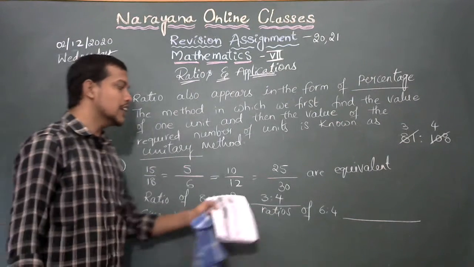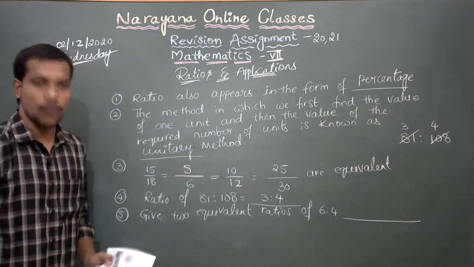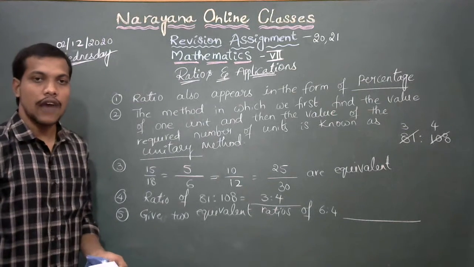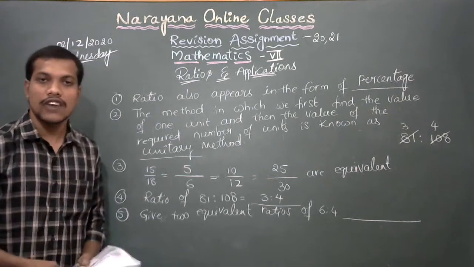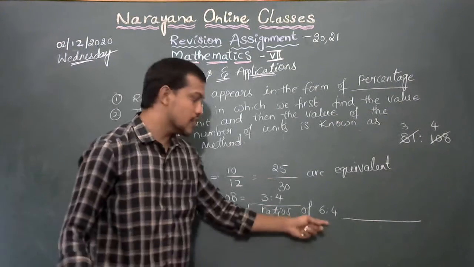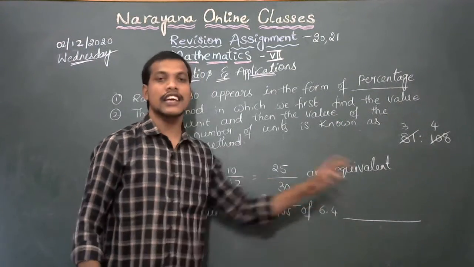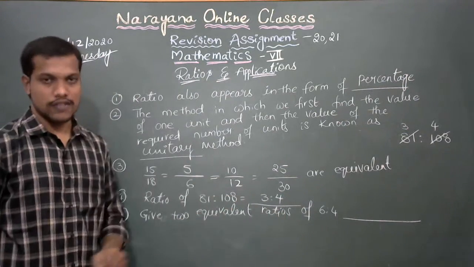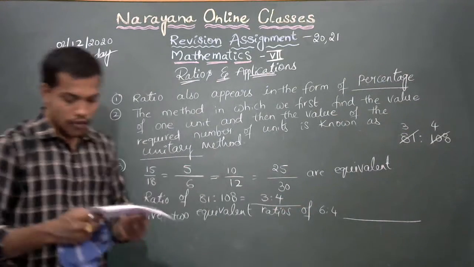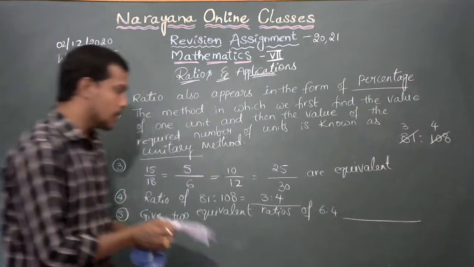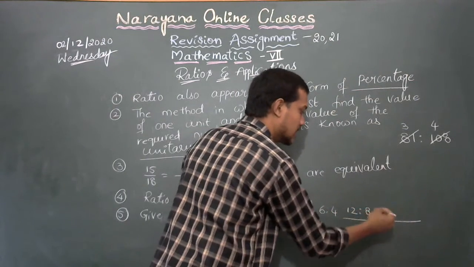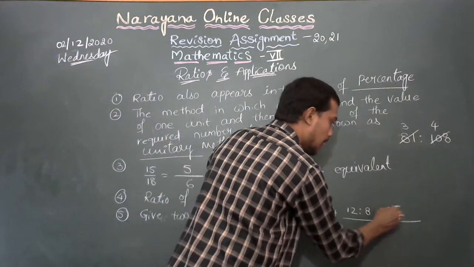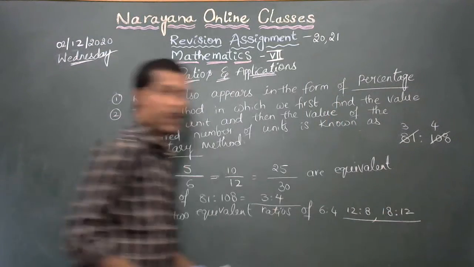Give two equivalent ratios of 6 is to 4. What are equivalent ratios? We cannot change the original ratio. We can create two more ratios based on 6 is to 4. So 6 is to 4 we can create as 12 is to 8, comma, 18 is to 12.